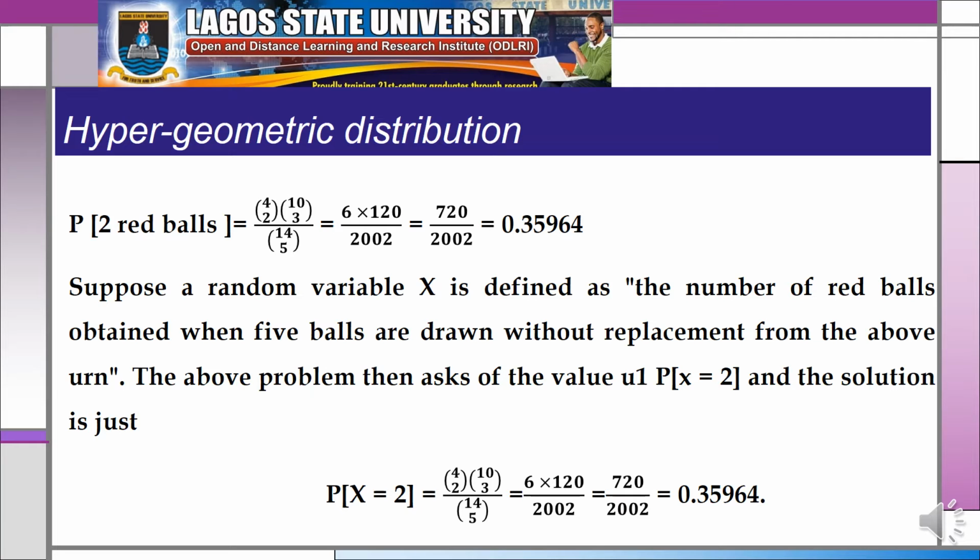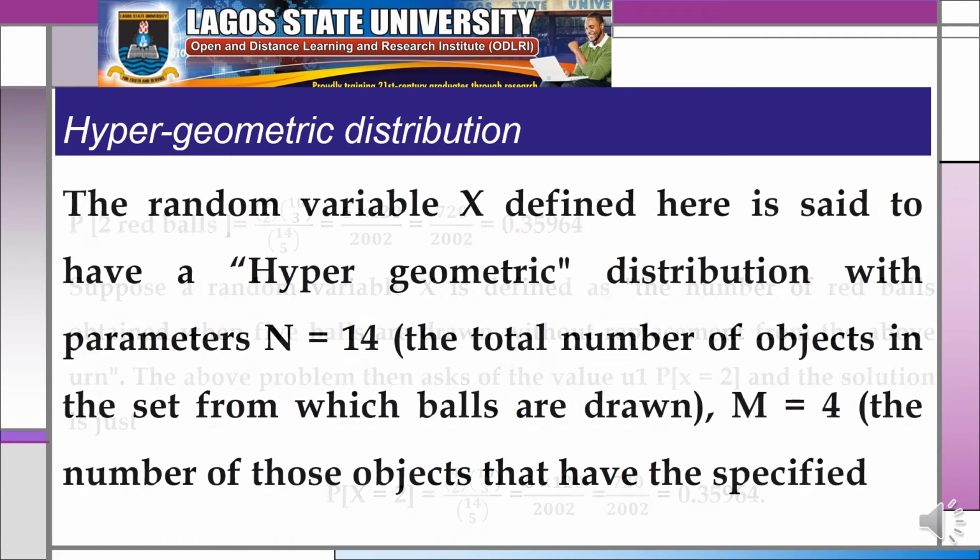Suppose a random variable X is defined as the number of red balls obtained when 5 balls are drawn without replacement from the above. The above problem then asks for the value of P(X equals 2), and the solution is just 0.35964.